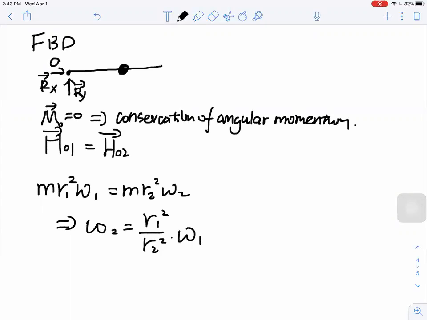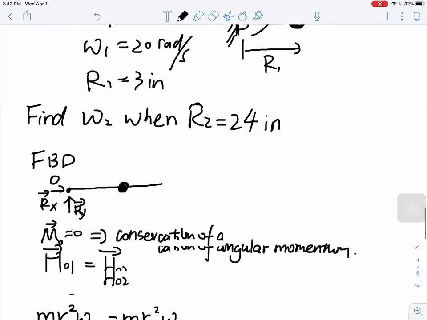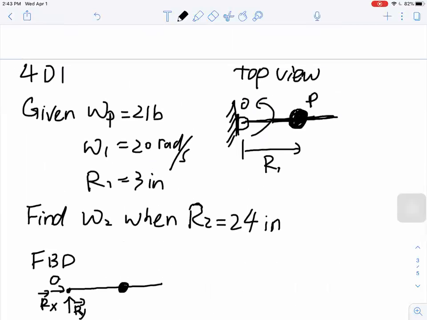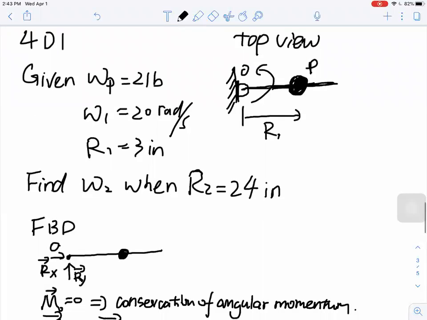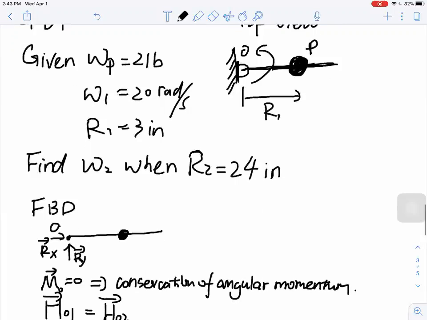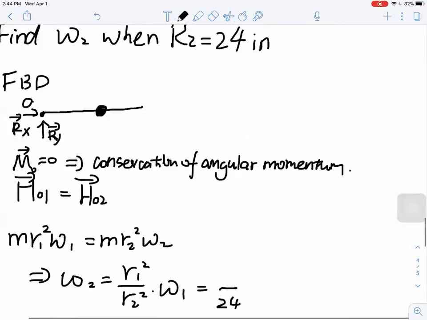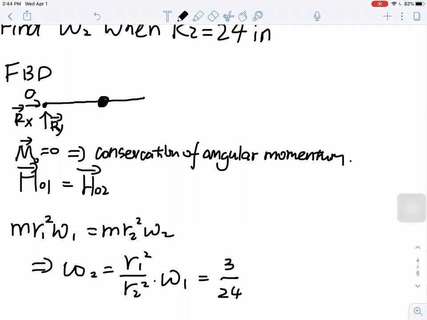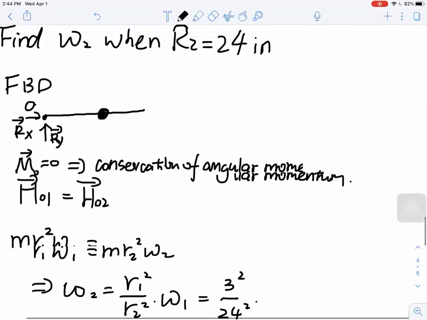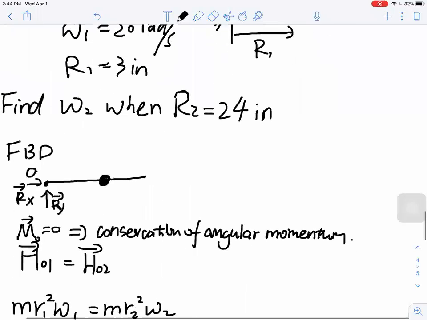And you can plug in all the numbers. R1 at the beginning is 3 inches, r2 is 24, and omega 1 is 20. So you have 3 over 24, squared, times omega 1, which is 20.